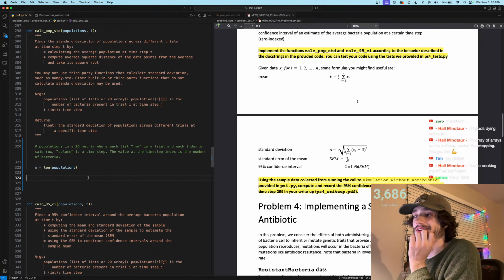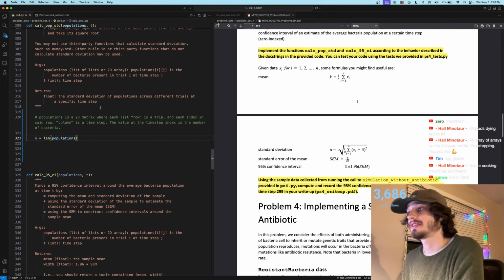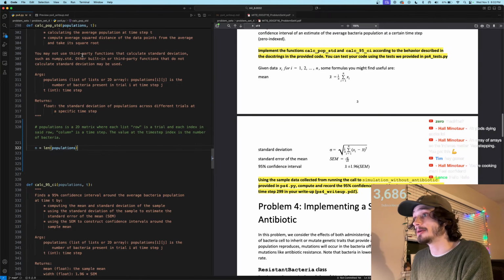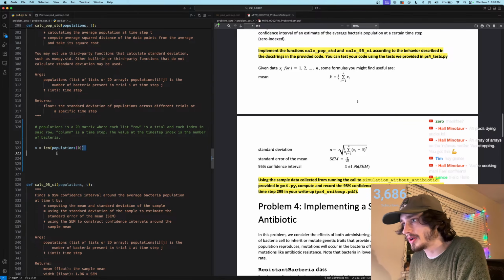Because the length is the number of trials, you're going to have one time step for every trial. So n is the length of populations, or the length of rows, which is equivalent to the number of time steps? No, the number of time steps is the length of populations at index 0, because that would be one of the singular rows, not the length of all of the rows.